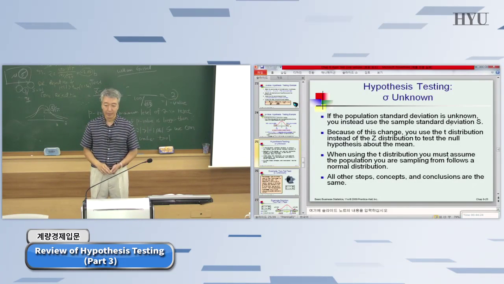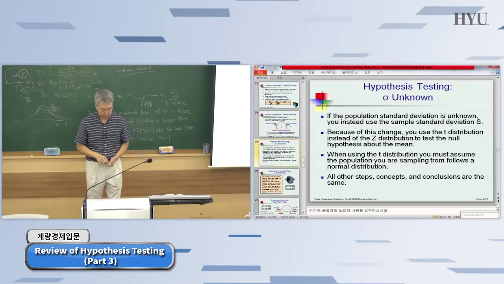Without the t distribution, today's statistics would not exist. What that means is today's science would be quite different. We would not have this kind of advanced science. His contribution to the world is really immense, incredible.